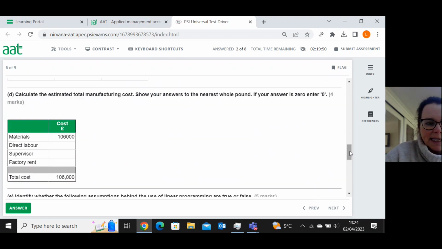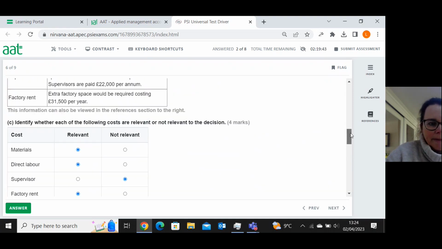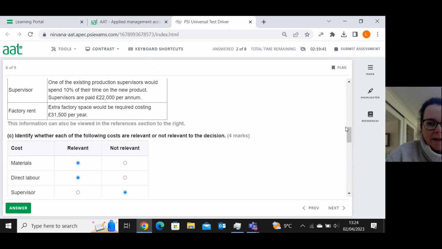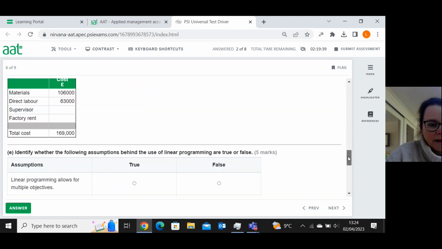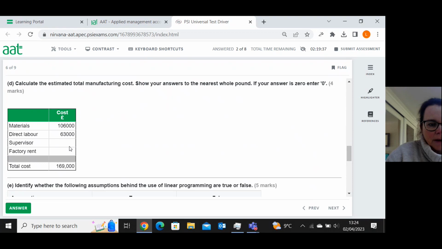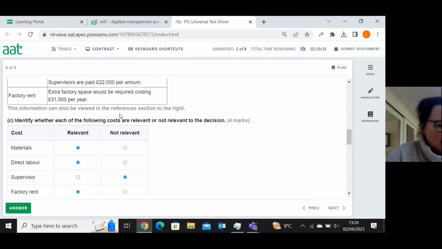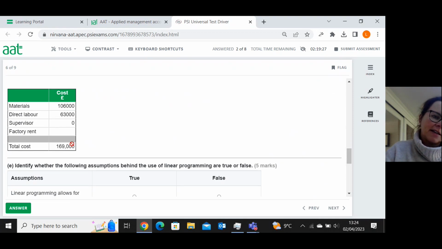So that gives me £63,000. Okay, supervisor, we said was not relevant, so therefore we are going to put in 0. And then the factory rent, we're incurring an extra £31,500, so that is going to go into the cost calculation.